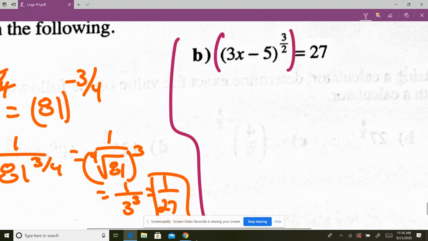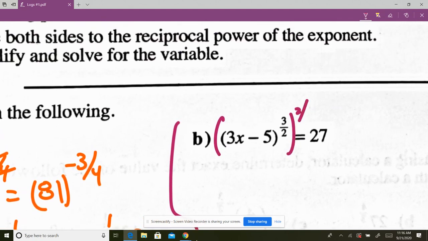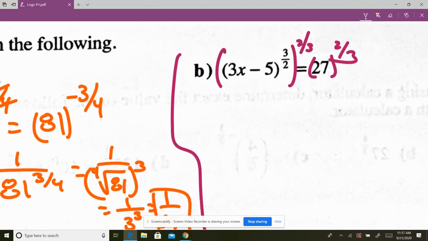So 2 over 3, 2 over 3. What happens to this stuff? It all goes away, turns into 1, power of 1. The 2's cancel, 3's cancel. So I'm just left with 3x minus 5 is equal to 27 to the power of 2/3.